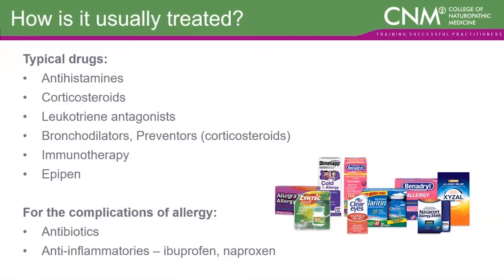Anti-inflammatories are also ones that may come about as a result of complications of allergies. Generally, if the antihistamines aren't quite working well enough and there's significant swelling and pain around the tissue area, they may be given things like ibuprofen or naproxen. But again, these are not ideal, particularly that they're not great for the kidneys, they're not great for the stomach lining.